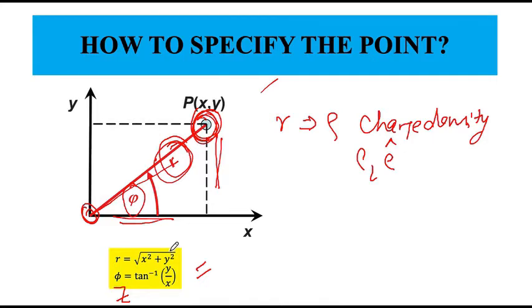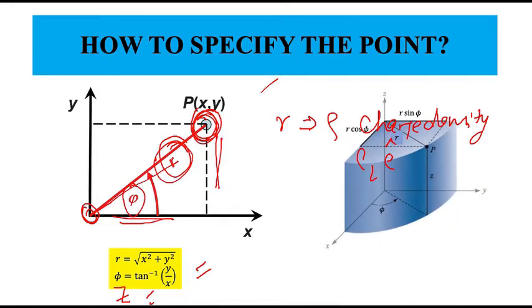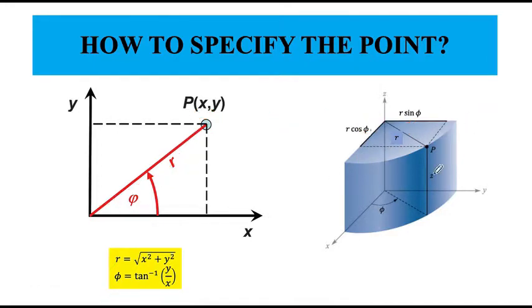So any point in three-dimensional space can be captured by specifying r, phi and z. We know we can do that. Any point can be specified in three dimensions by capturing r, phi and z.